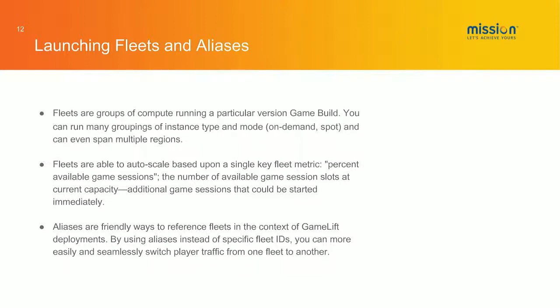And so GameLift is scaling servers up and down based upon the available game sessions, because that is the primary metric to go off of. The game session represents an immediately available game server ready for players. And so if you don't have any available game sessions, no new players can join or play your game. Only those who are currently playing can still play.